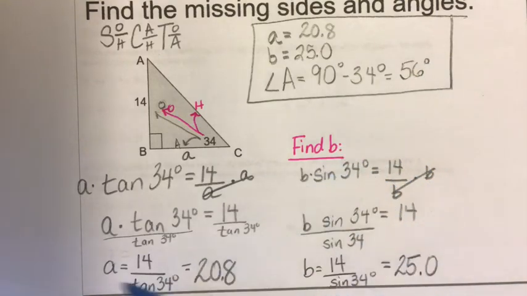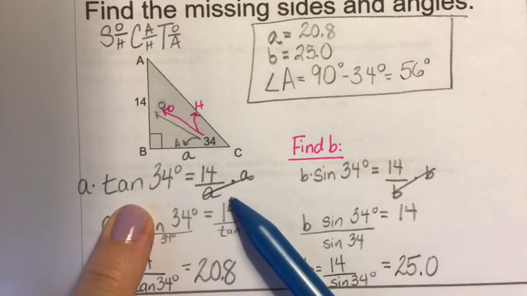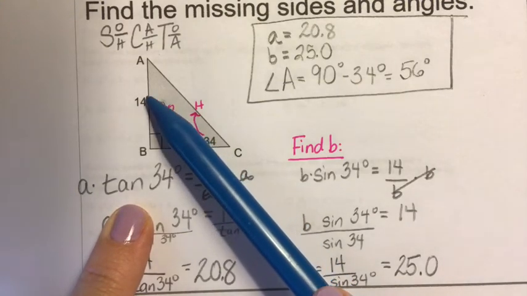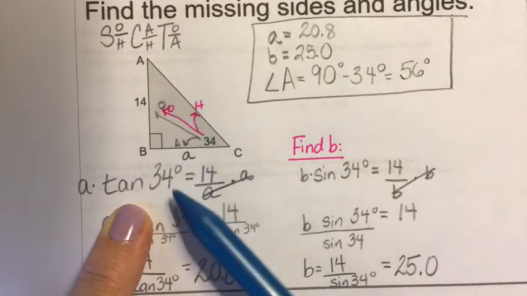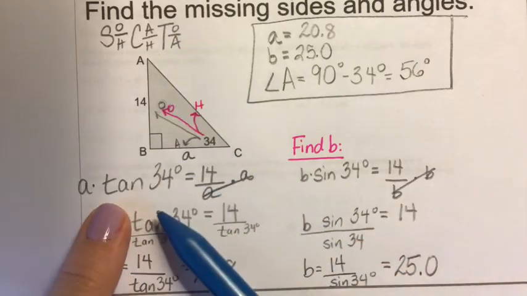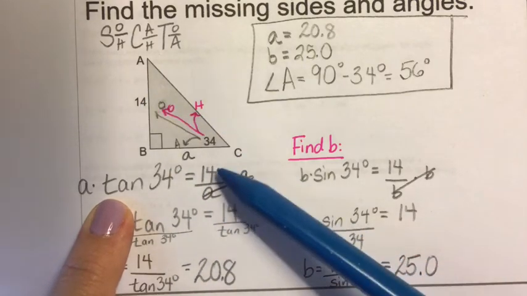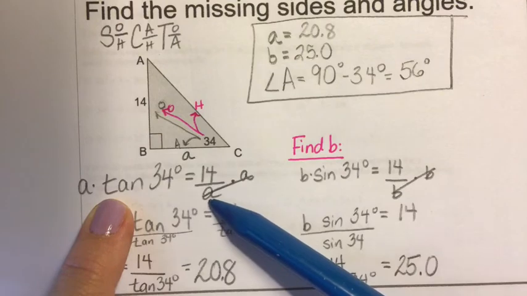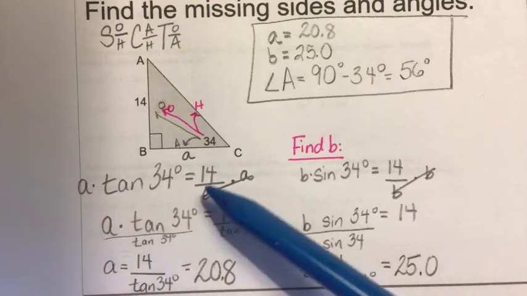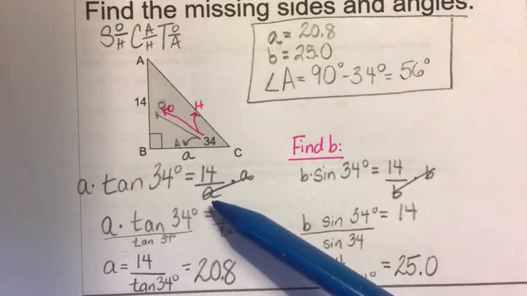The next thing that I did was find side A. How I found side A was I know the opposite side, and I wanted to find the adjacent side. Opposite and adjacent is tangent. So I took the tangent of 34, set it equal to the opposite side of 14, divided by the adjacent side, which I did not know. You want to always get rid of dividing by whatever you're dividing by.